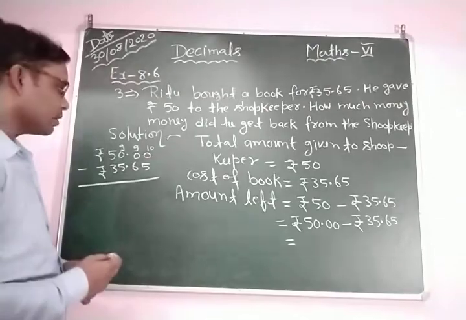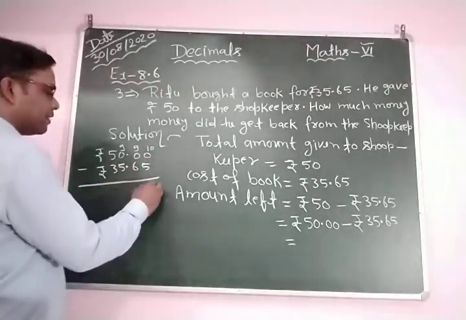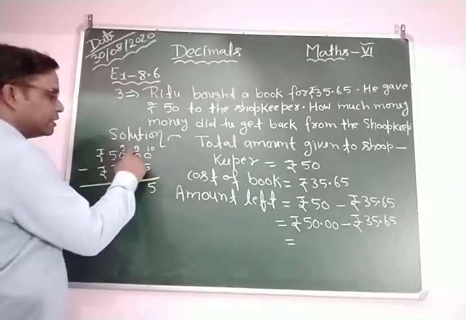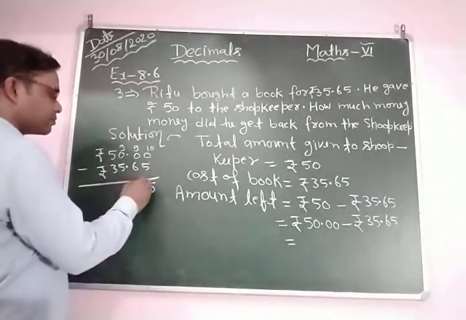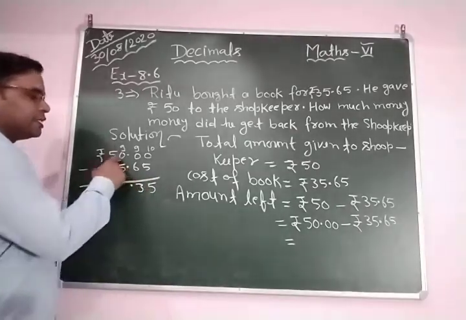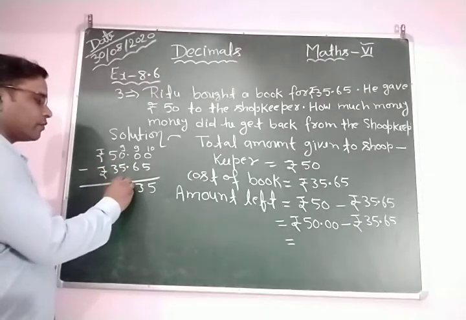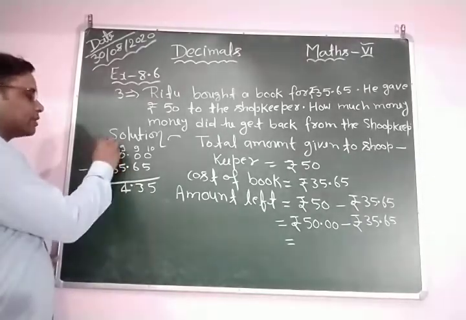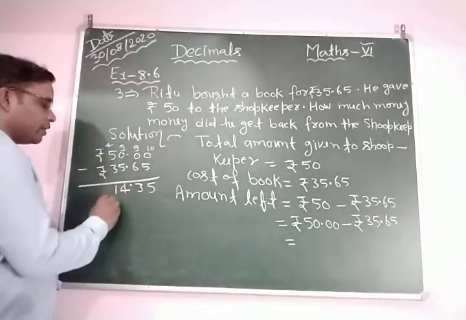Okay, so 10 minus 5 gives 5 here, and now this is 9, 9 minus 6 is equal to 3. Then a point here. This is 9, so 9 minus 5 is equal to 4, and this becomes 4, so 4 minus 3 is equal to 1.